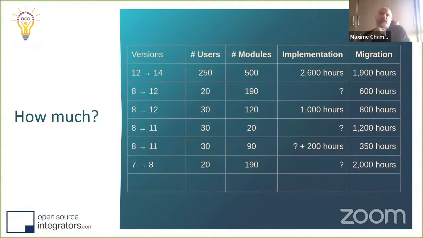So for a few migrations we've done, I was able to share the data there, where you can see the source and the target version, the number of users involved, the number of modules installed on the source version, the effort it took for the implementation, and for some of those that were not done by us, I wasn't able to get the module data, but for the migrations we've all done, that's the time it took.